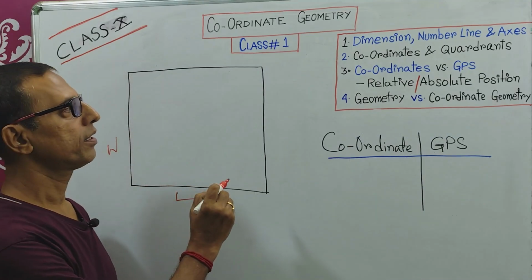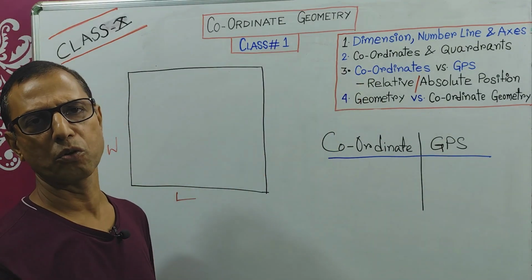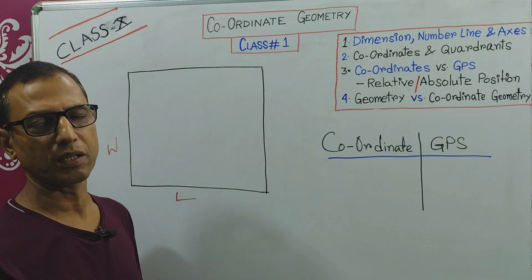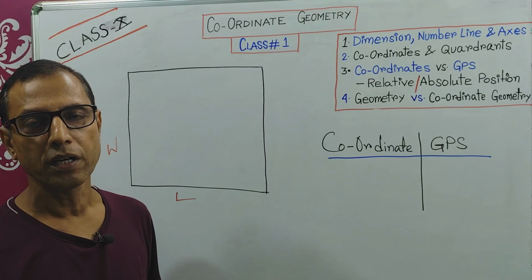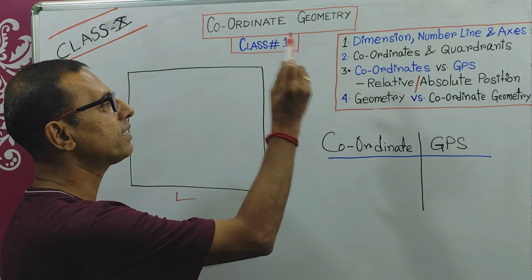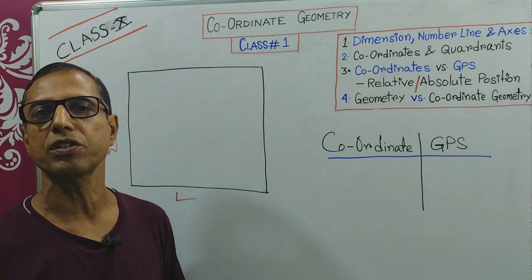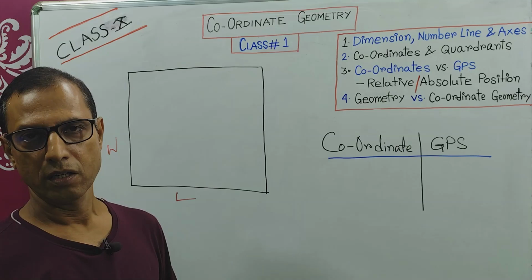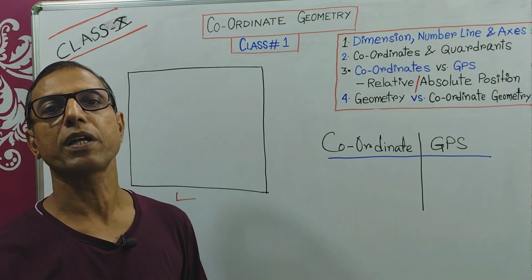Now we are coming to a very interesting point. You don't need to remember this just for your exam. This is for your understanding, which will be very useful in future also. This is the basic difference between coordinates and GPS, the global positioning system. GPS is measured by latitude and longitude.